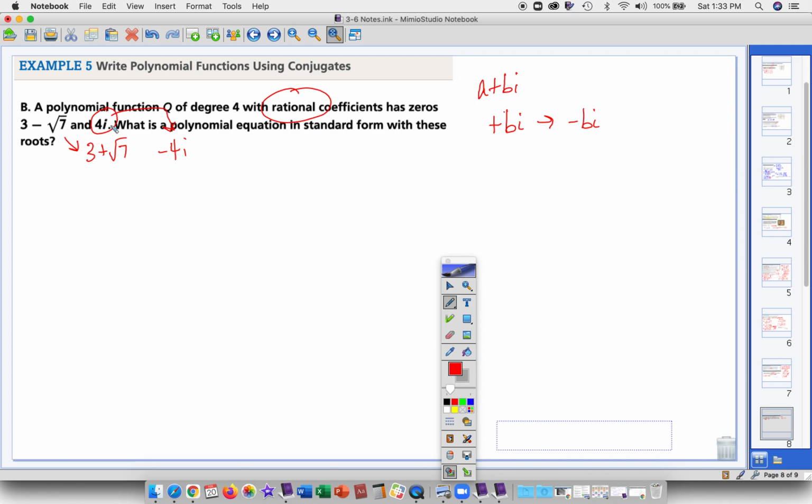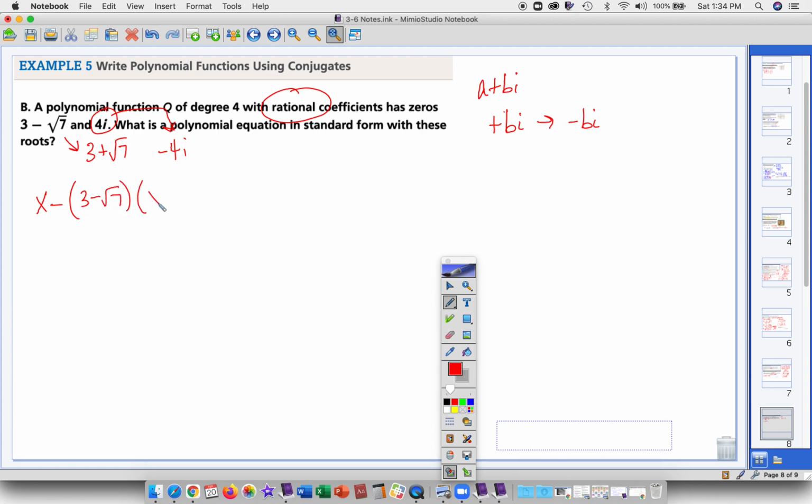So if you have a pure imaginary, that's what we call a pure imaginary because there's no real part, then the opposite of that pure imaginary is its conjugate. So let's set up our factors. From the first given root, we have x minus (3 minus root 7).